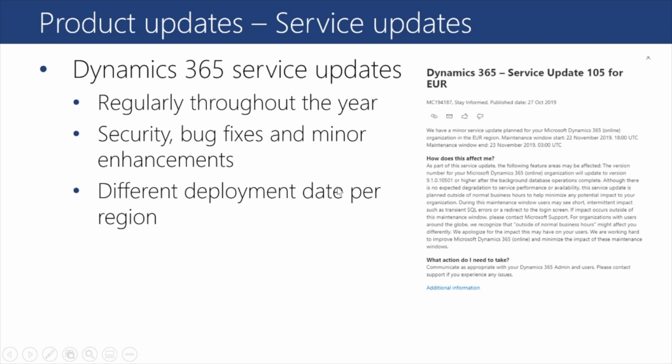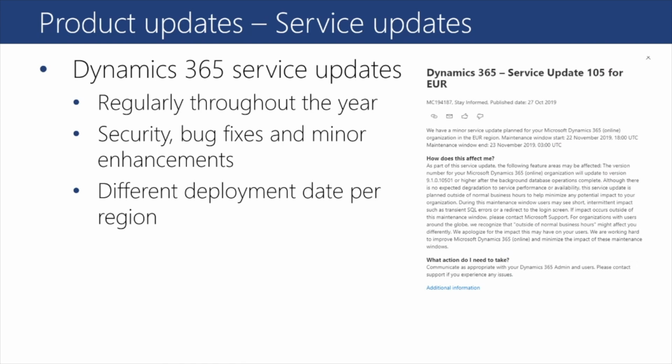And a service update may contain security updates, bug fixes, or minor enhancements. There are different deployment dates per region, so please always check your message center for the exact timeline on the deployment. Weekly updates are applied using dark hours for a given region.